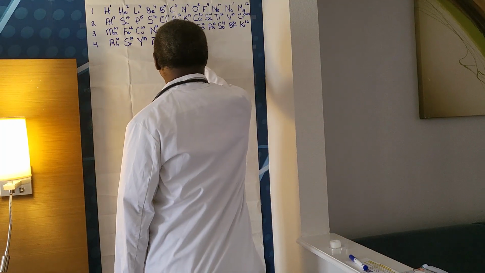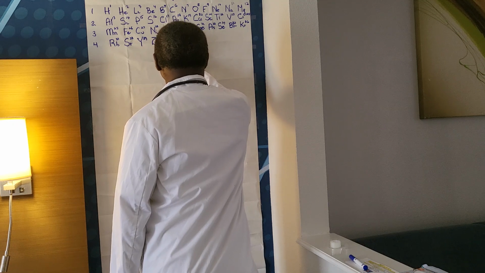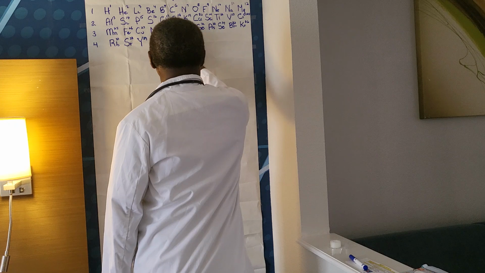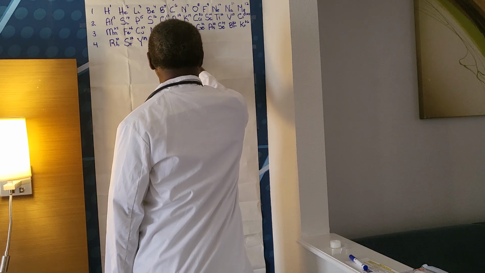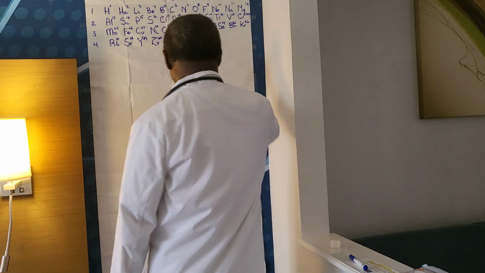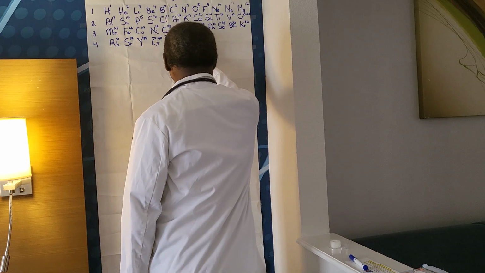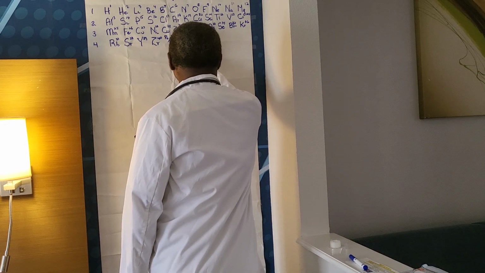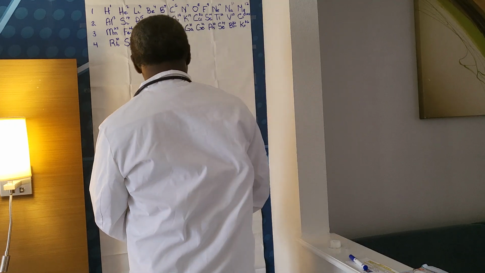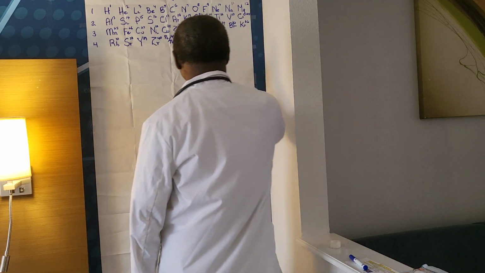Pilopium, which is the older name of this element, or niobium, which is, I think, the more modern name. I put a slash there. 41. So 42 we have molybdenum. 43, technetium.